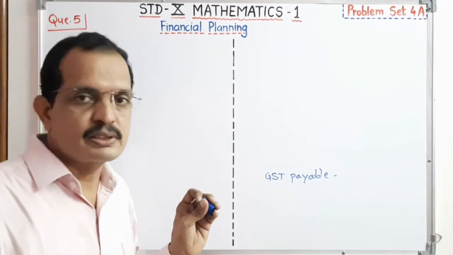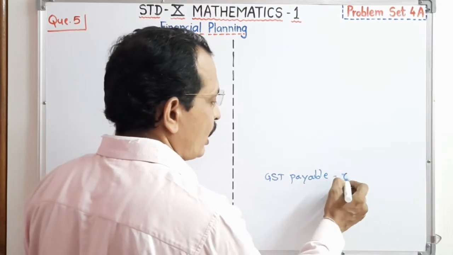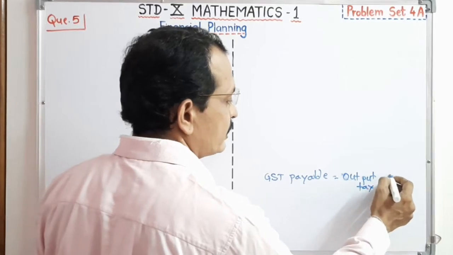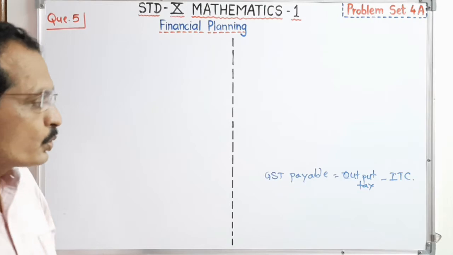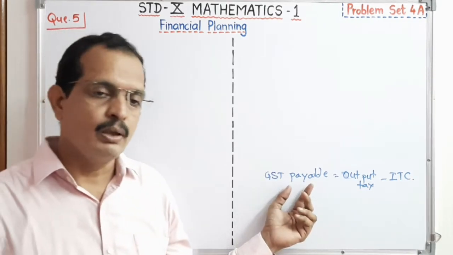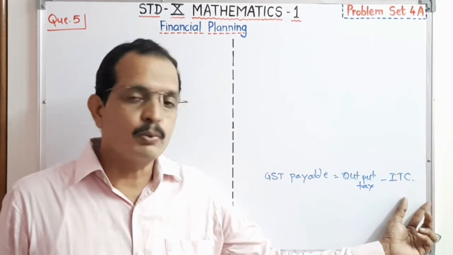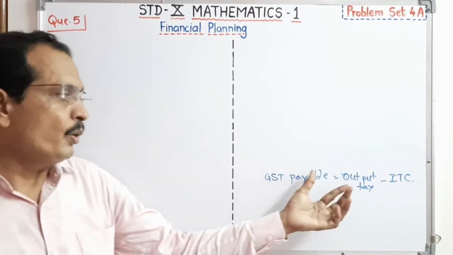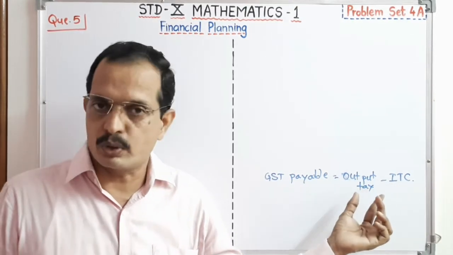GST payable means, all of you know that, output tax minus input tax credit. That means to find out the GST payable, we have to find out output tax and input tax.